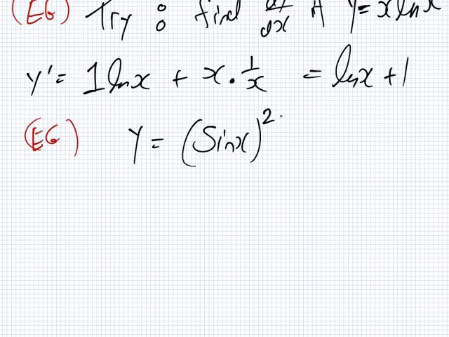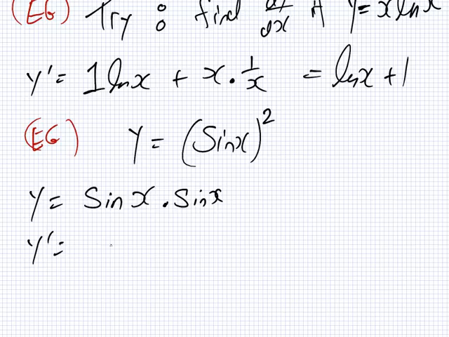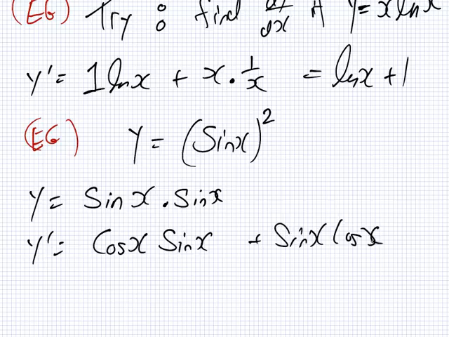What did you get? 2 sin x cos x. Yes. So the trick was, as you spotted, you should change this into sin x times sin x. So then the derivative would equal cos x sin x plus sin x cos x, which is 2 sin x cos x. Isn't that also sin 2x? Huh? Cos when we move from sine to cos? Minus or? No, no. It's the other one you're thinking of, cos to sine.